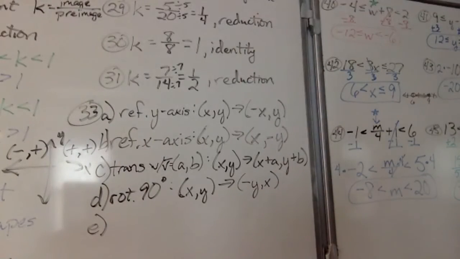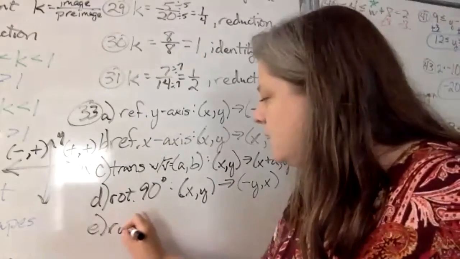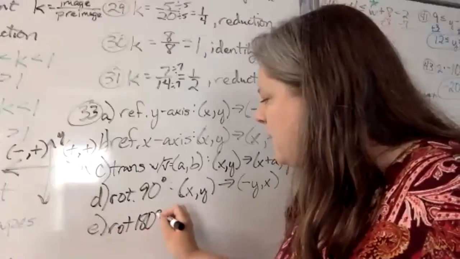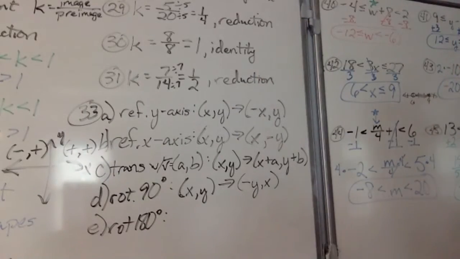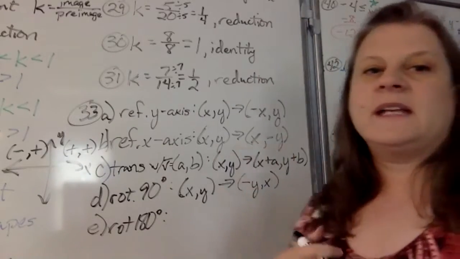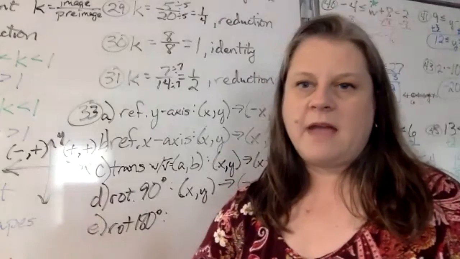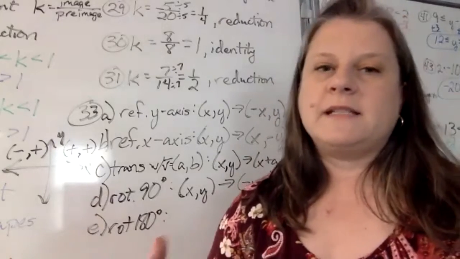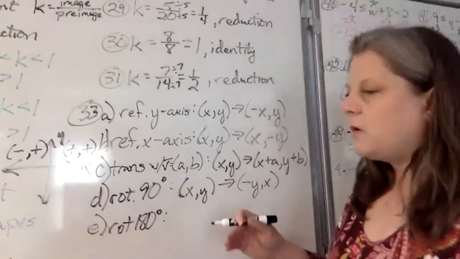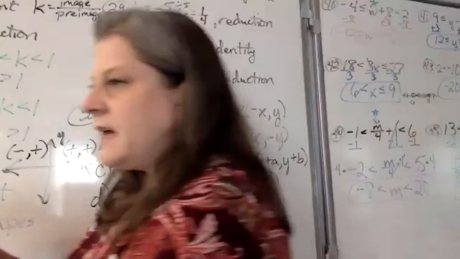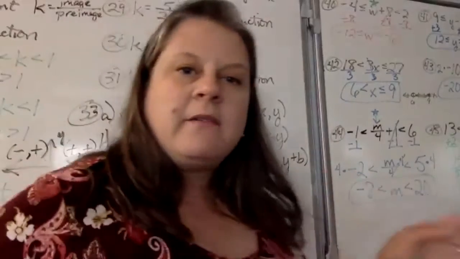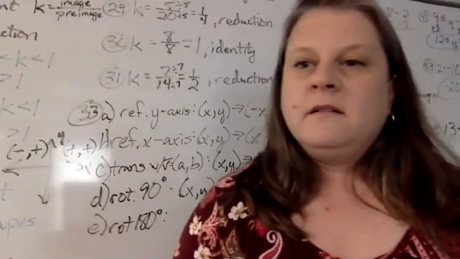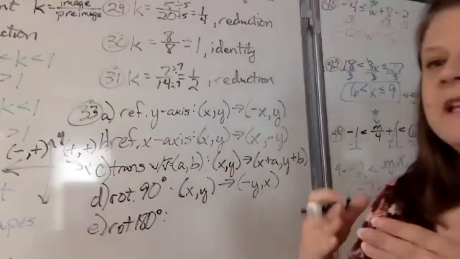Part E was a rotation of 180 degrees. I don't remember if you had one of those on the quiz or not. I know we did one as the example the other day. Remember, 180 degrees is going the exact opposite. So if I'm going this way where everything's negative, and then I'm going back this way where everything's positive, I do the exact opposite.